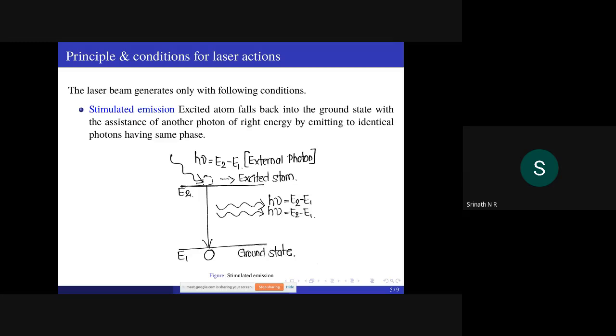As we discussed earlier, under normal conditions, the majority of atoms remain in the ground state, whereas only a few atoms will be in the excited level. When light of suitable energy is incident on the system, absorption dominates over stimulated emission. Therefore, to get more stimulated emissions, we need more atoms to be in the excited state.